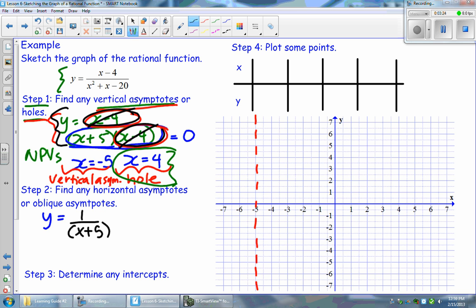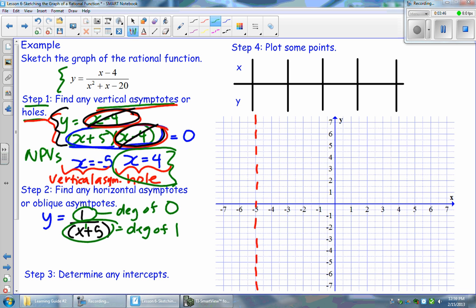Very, very important. Okay, so from here on, we actually look at the degree of the numerator and the denominator. The numerator is a constant, so we have a degree of 0. And then on the bottom, the highest power is 1, so therefore we have a degree of 1.